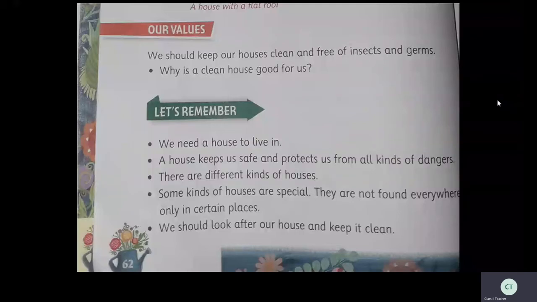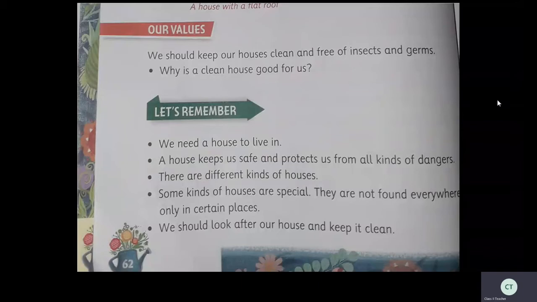Yes, like a houseboat, isn't it? Houseboat and caravan or igloo. All these we can't see everywhere. In some places we can see igloos. It is not everywhere, but we can see this type of house in Antarctica, isn't it?